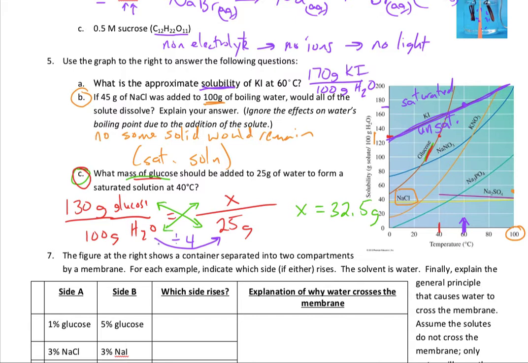So whatever I do on one side to get it down to the lower ratio, I can do to the other side. So if you have a set of numbers that are multiples of each other, and you can figure out what you've divided or multiplied by, depending on which way you're moving in the calculation, then you can do the same math to the numerator. So 130 divided by 4 will give you the 32.5.